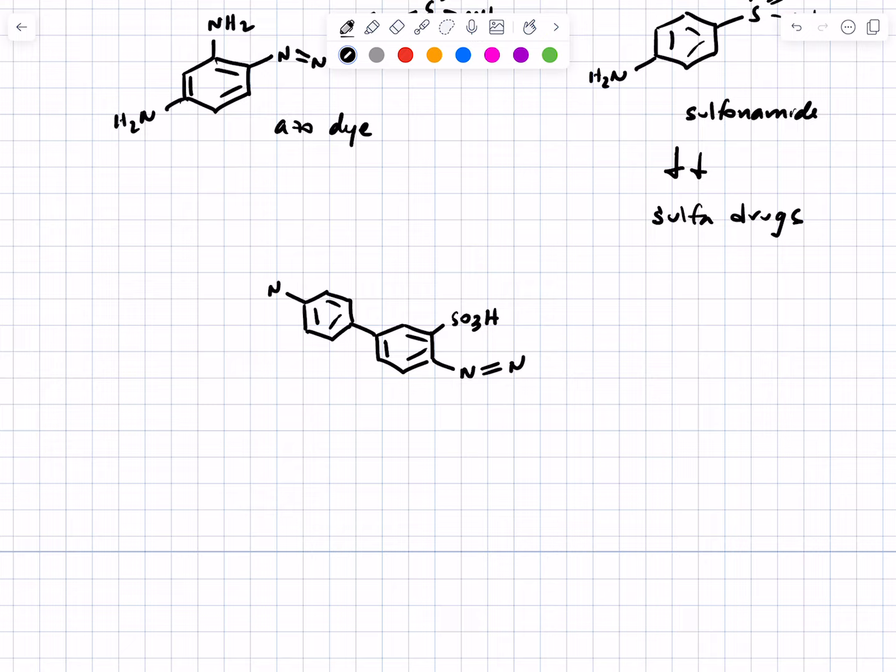And then there are these really elaborate rings on either side of the azo. I'm trying to make sure I get this right, and I've already gotten it wrong.